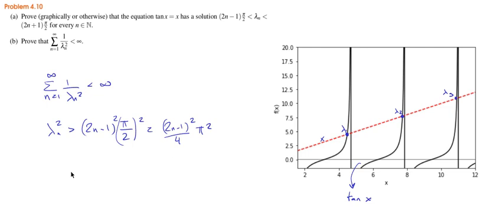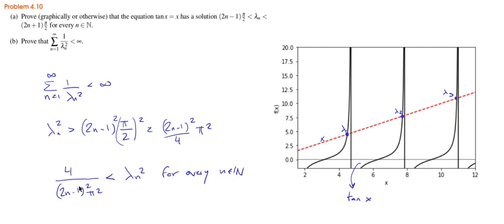So then if we do the cross multiplication, we have 4 divided by (2n minus 1) squared pi squared is smaller than lambda n squared for every natural number, okay?